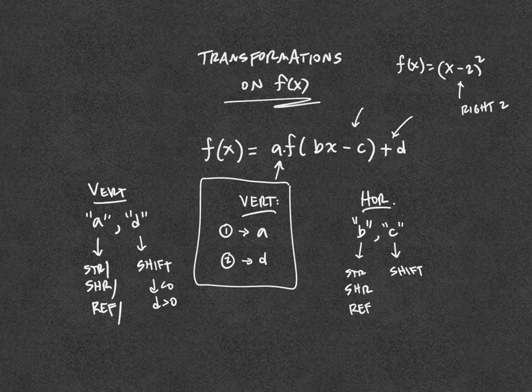Okay, so two different things that I want to talk about with horizontal. There's two different ways that you can order the horizontal transformations. Vertical should always be the same. It should be A then D. But horizontal, it depends on the form in which that comes.